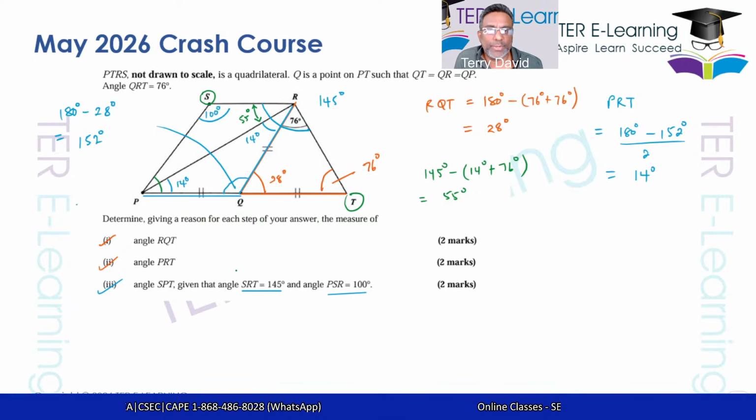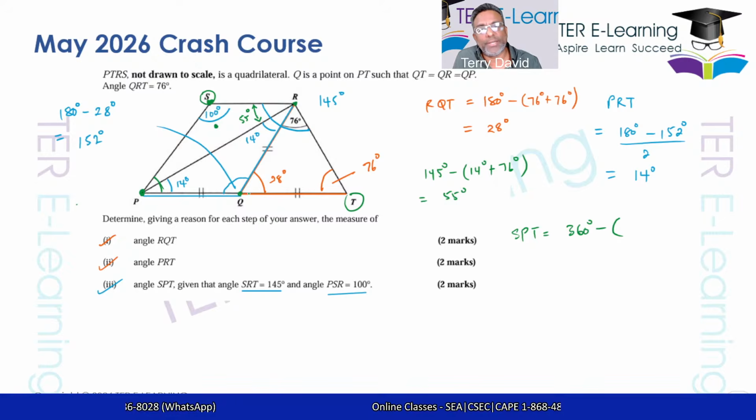So now the question wants us to work out angle SPT. So SPT is this angle here. Now if you look carefully at this quadrilateral here, P, S, R, and Q, it's a quadrilateral. And in a quadrilateral, all the interior angles should add up to 360. So all I need to do to work out SPT, you're going to say 360 minus, you have to minus this 100 here.